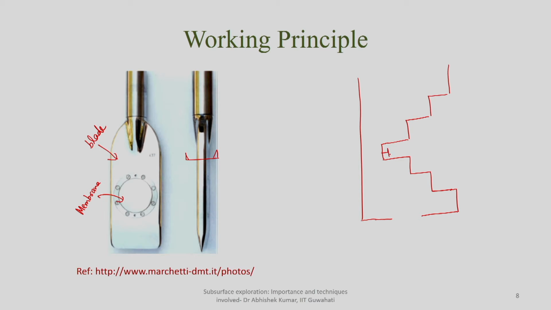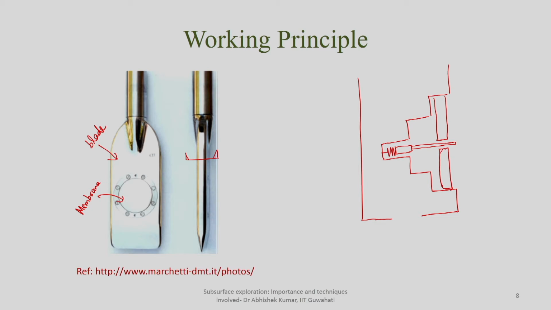There will be a spring which is connected to some assembly here, and this assembly is again connected here, and there will be an additional assembly. I am going to label each of these assemblies as I draw, for better understanding.